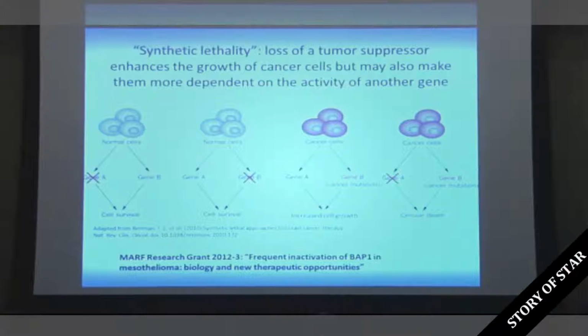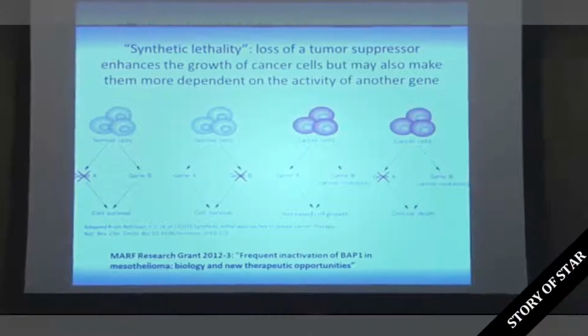I just want to take a moment to tell you about some work that we're pursuing that's supported by MARF. One of the approaches that we're taking in our work going forward is to look at BAP1 mutated mesothelioma cells and try to find out if these cells acquire a vulnerability that's not present in normal cells.